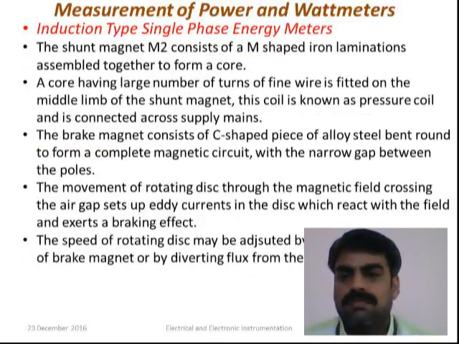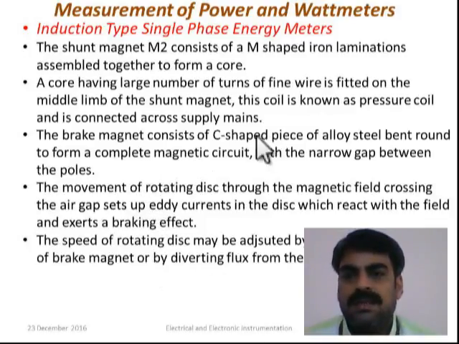Now let us see how exactly the braking magnet provides a braking effect for the rotating disc. The brake magnet, as I said earlier, is a C-shaped piece of alloy steel bent round to form a complete magnetic circuit with a narrow gap between the poles.